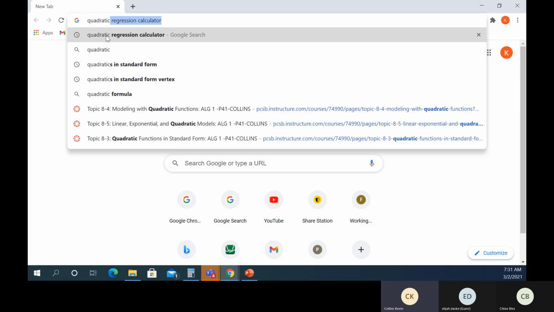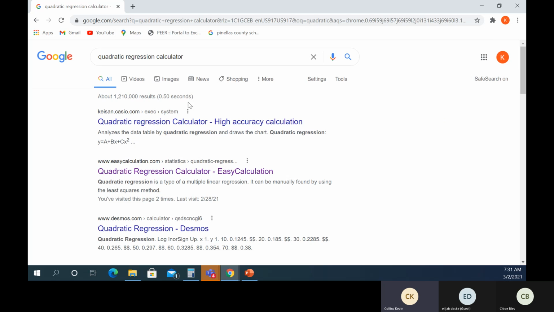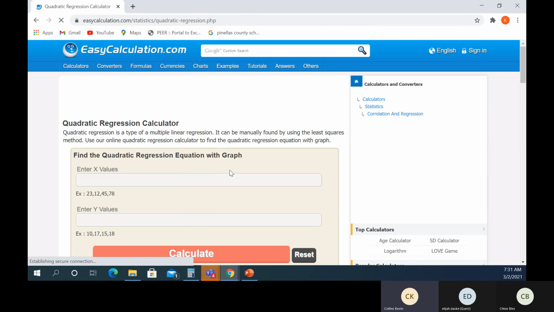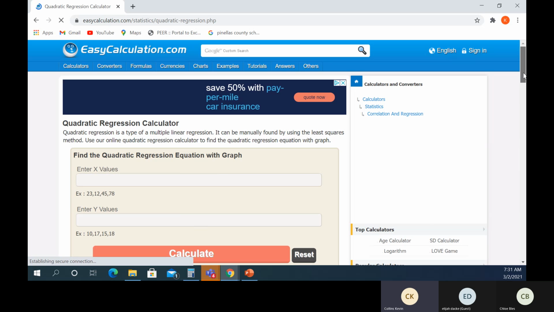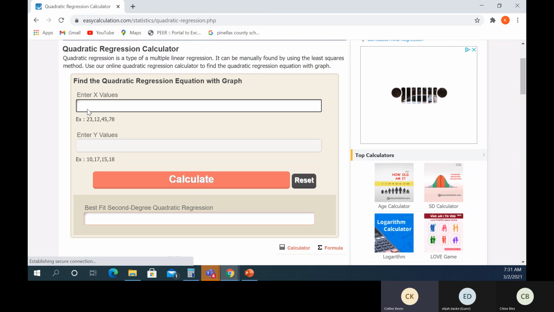I must have looked it up recently because there it is. I took this one that said easy calculation. So the way this one works is we just plug in all the x values right here, all the y values here, hit this calculate button, and it'll tell us what our equation is going to be.